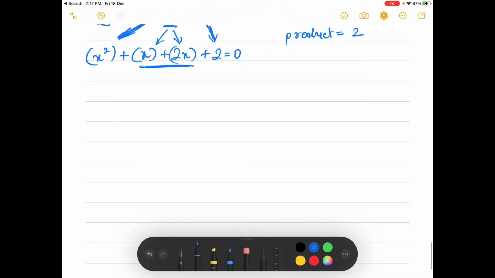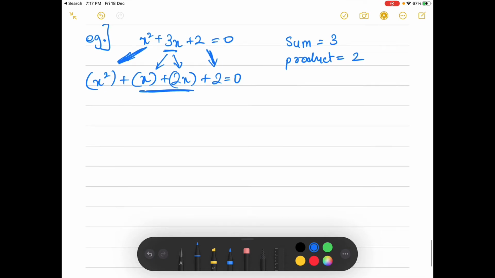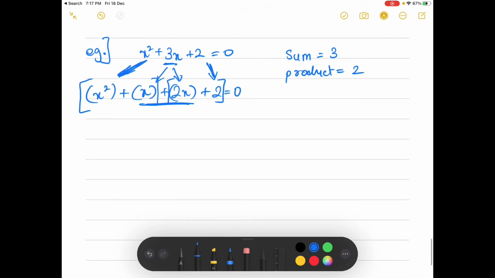Let's put them in two separate brackets. Here x square plus x is a different term and 2x plus 2 is a different term. Let's factorize this.